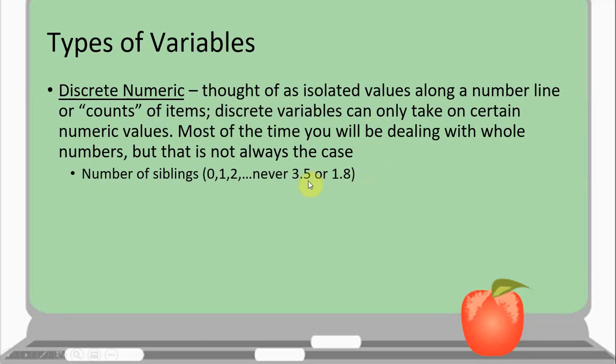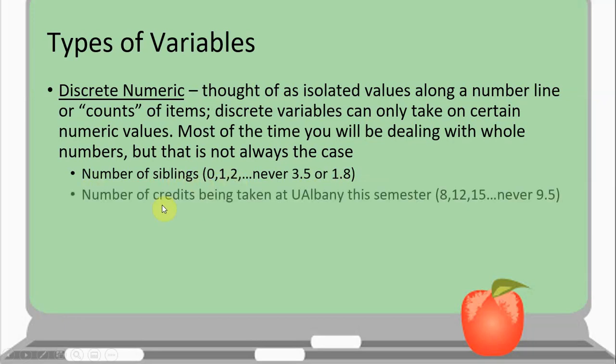So there are certain numbers that are not going to be included in the way we count the number of siblings. That's an example of discrete data. Number of credits that you're taking at UAlbany this semester. Maybe it's 8 or 12 or 15. You're never going to have 9.5 credits. A student's never taking 9.5 credits, 10.7 credits. Those are just numbers you're not going to see.